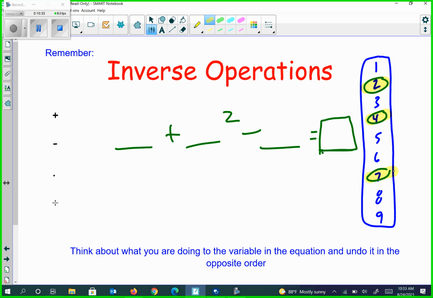Plug the 4, the 7, and the 2 into any of these spots to try and get the smallest number. The second location is squared, so whatever you plug in there will be squared. But try and get me the smallest number using just 2, 4, 7.